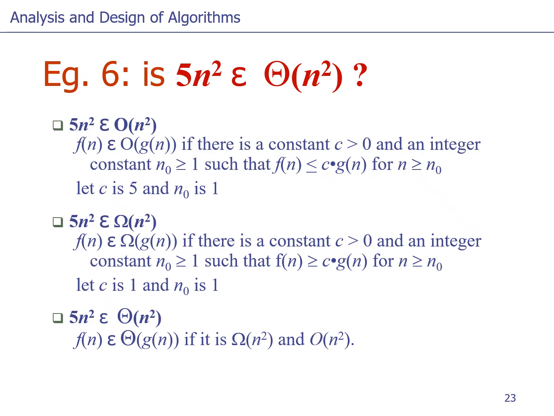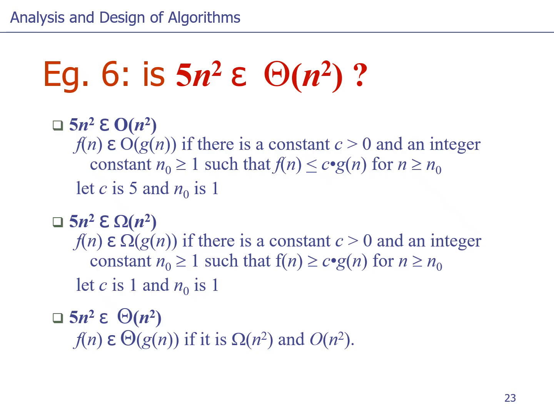What you need to find is the constant that you multiply by n squared that will make that line above the 5n squared line on the chart, and you need to report the value of n naught, which is the value after which this happens. In parallel, for 5n squared in omega of n squared, you need again to find the constant and the n naught.